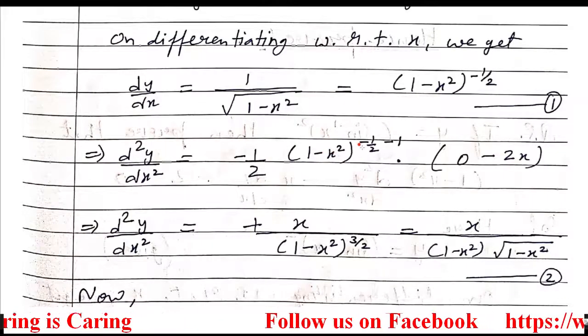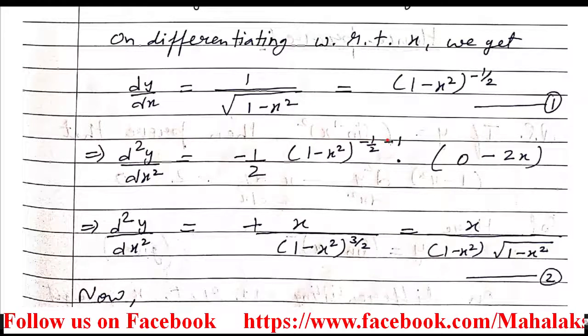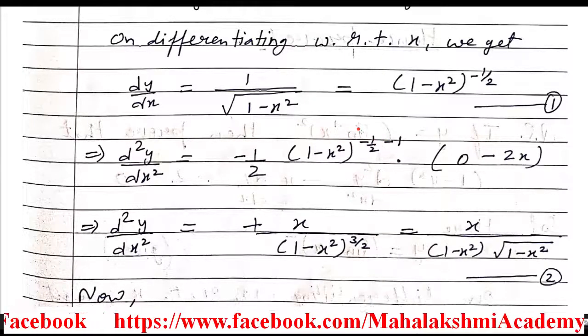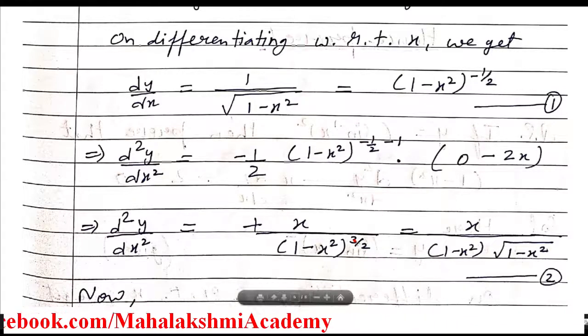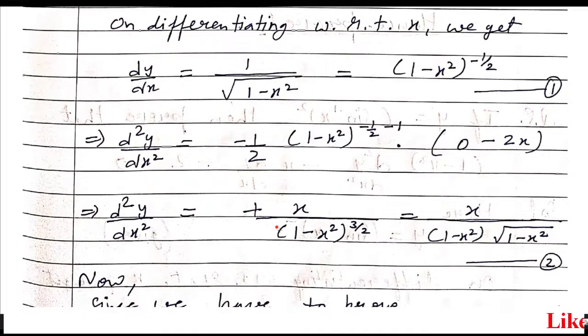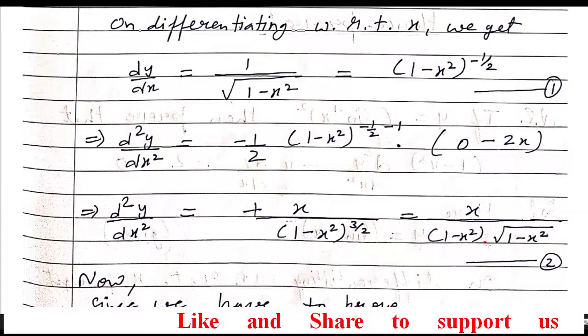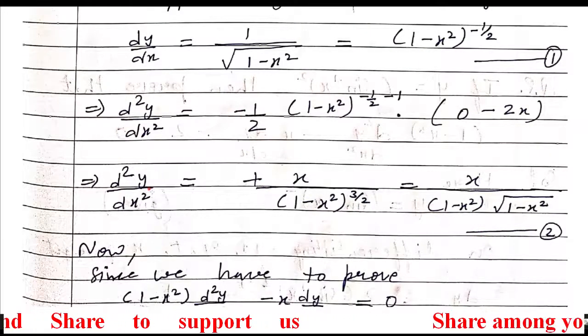Now, minus half and minus 1: minus half minus 1 gets added and becomes minus 3 upon 2. Since it is minus 3 upon 2, you shift it down, so it becomes plus 3 upon 2. This 2 and this 2 will cancel, and minus becomes plus. So you will obtain this. Now here you have a power of 3 upon 2, which you can write as 1 plus half. So you can write like this. Now this is your second order derivative.